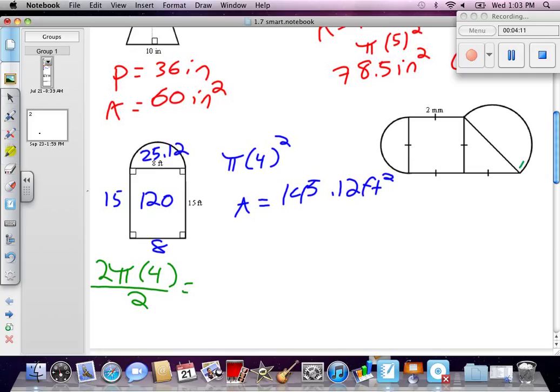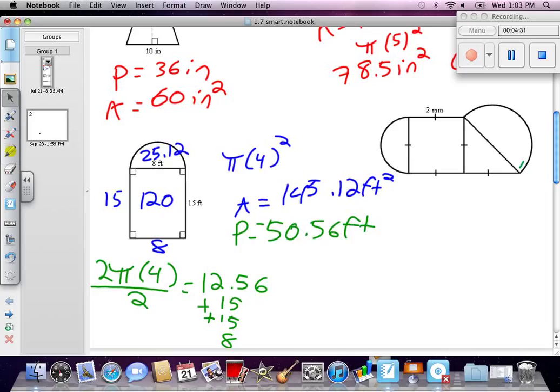That gives me 12.56. And then I'm going to add 15, 15, and 8. And I'm going to get that the perimeter is 50.56 feet.